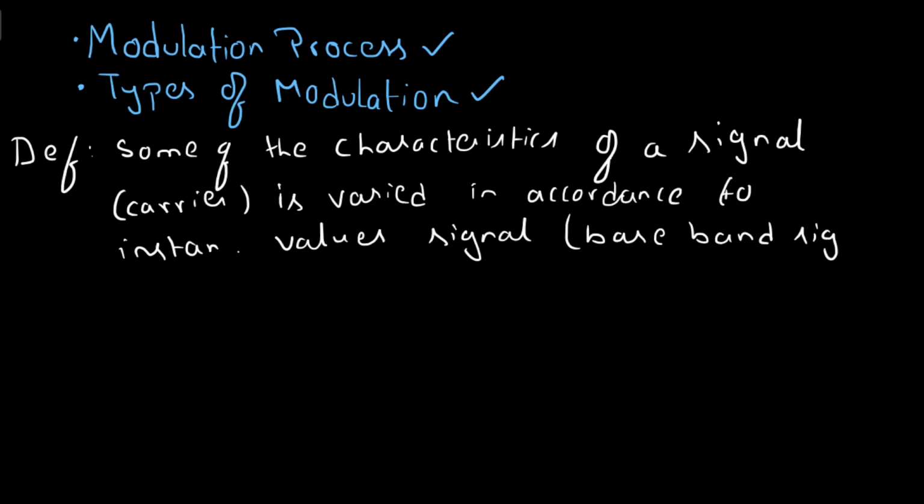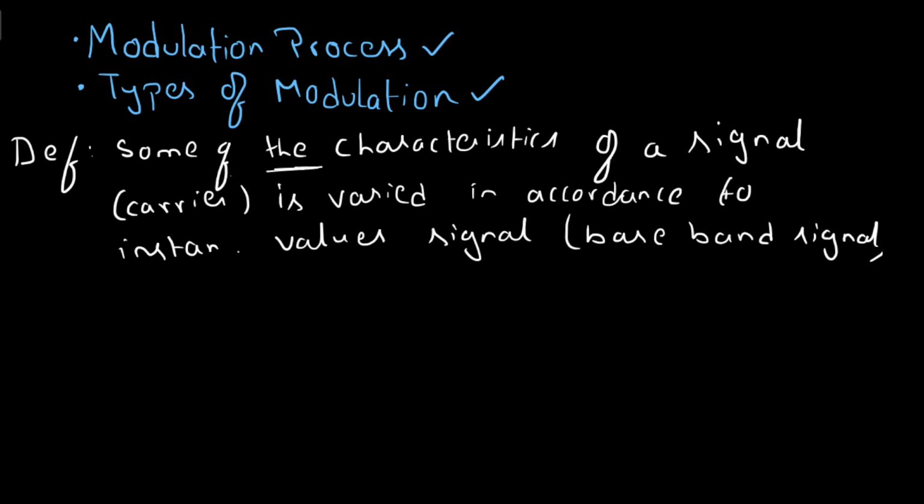Okay, so this is the definition of modulation. So some of the characteristics of a carrier signal is varied in accordance to the instantaneous values of the baseband signal. Okay, now what are the characteristics?